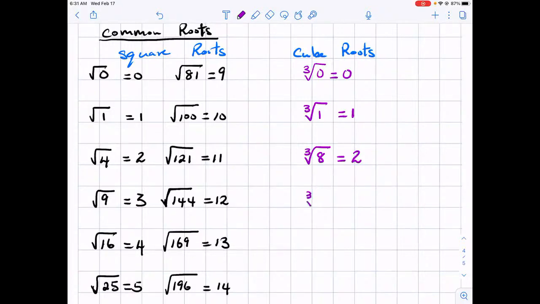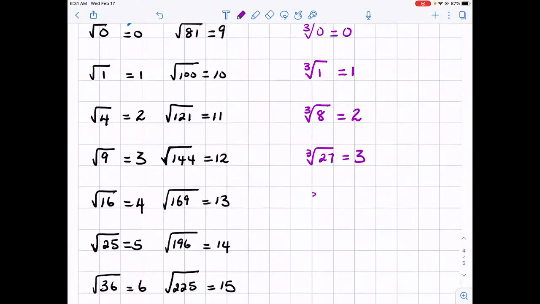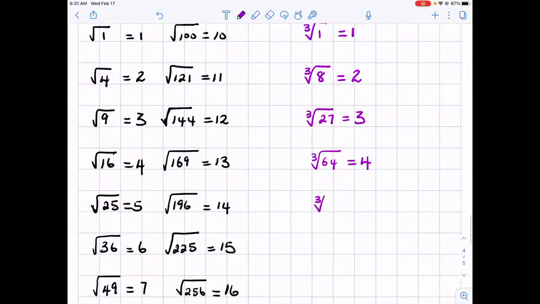The cube root of 27 is 3. The cube root of 64 is 4. And the cube root of 125 is 5. Okay, so these are the common cube roots.